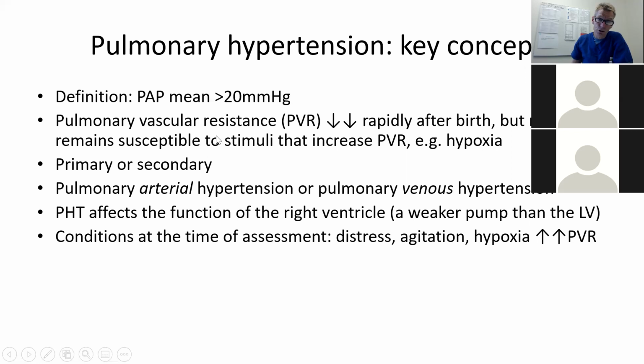Usually your pulmonary vascular resistance drops rapidly after birth, and then over the next 6 months drops even slower. So it drops below 20. So normally our mean PA pressure is below 20 by about 6 months of age. But the reason why babies have PPHN, persistent pulmonary hypertension of the newborn, is because even though the PA pressure drops a bit after birth, it remains susceptible.